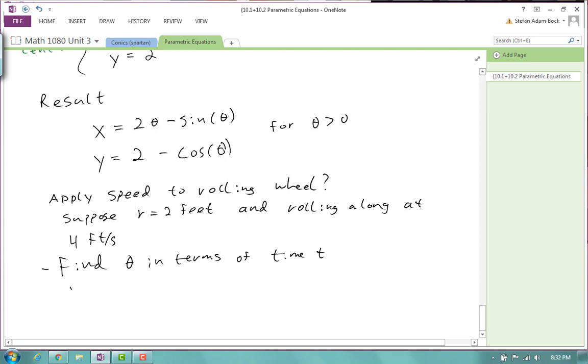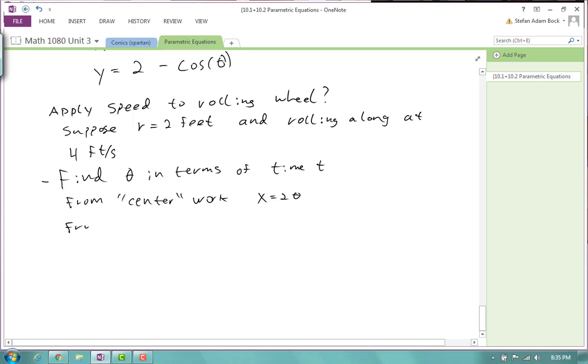So on the one hand, from the parametric equation, from the center, I have x is equal to 2 times theta. From the speed setup, I know that x should be equal to 4 times t.